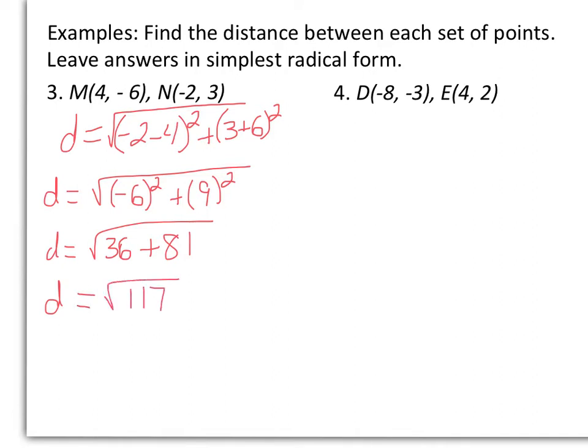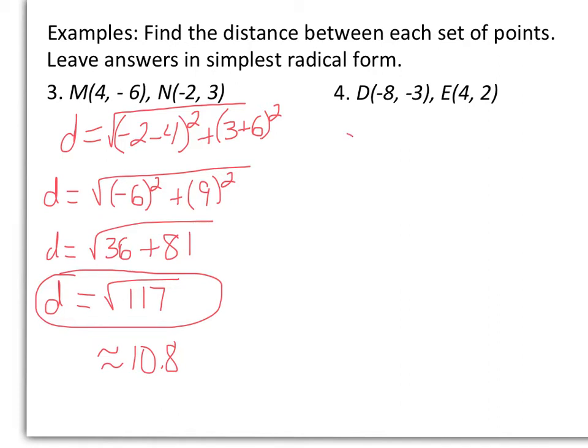Now that cannot be simplified in simplest radical form, so we're going to leave it as is. If it said to round to nearest decimal, it would be about 10.8.